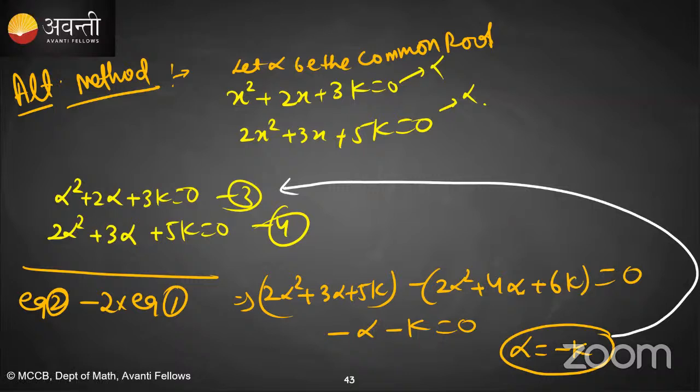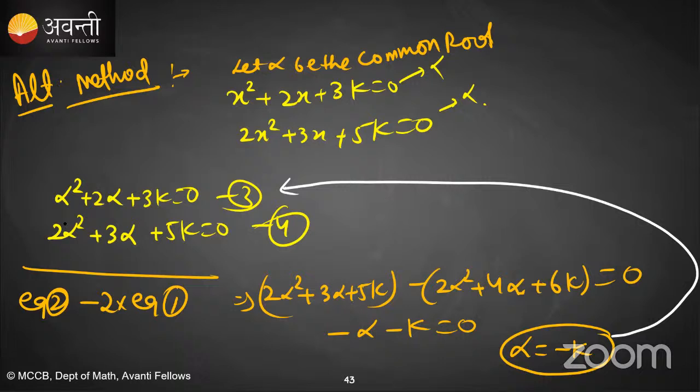So you got the two equations in terms of alpha. So now subtract or add these equations such that you eliminate your alpha square term. Okay, manage equation 3 and 4 such that your alpha square term becomes 0.